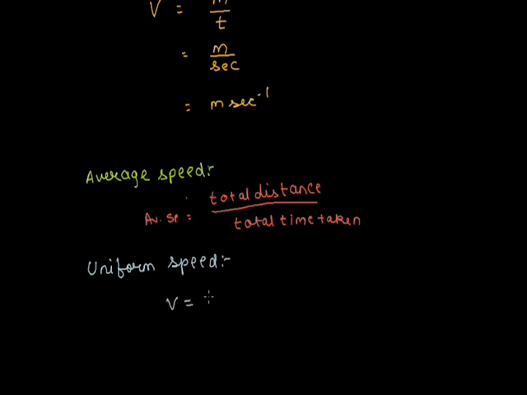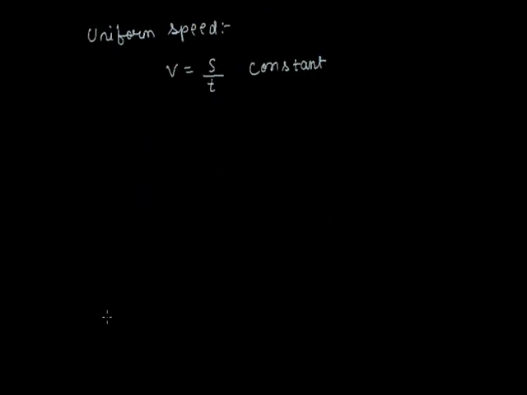V is equal to the distance traveled in any interval upon that interval. In uniform speed, V is always constant. Now speed gives us only the movement, not the direction of movement. So for the direction, we define one more thing, that is velocity.